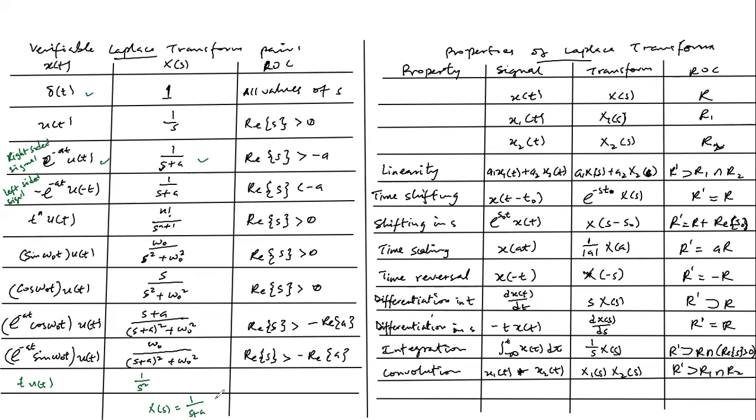Now, once you are able to identify the region of convergence, you can replace, without necessarily using the inverse Laplace transform formula, and invoke this to say x(t) is the same as e to the minus at u(t). Okay, that's how to use your Laplace transform pairs to transform from the frequency domain to the time domain in the case of the inverse Laplace transform.